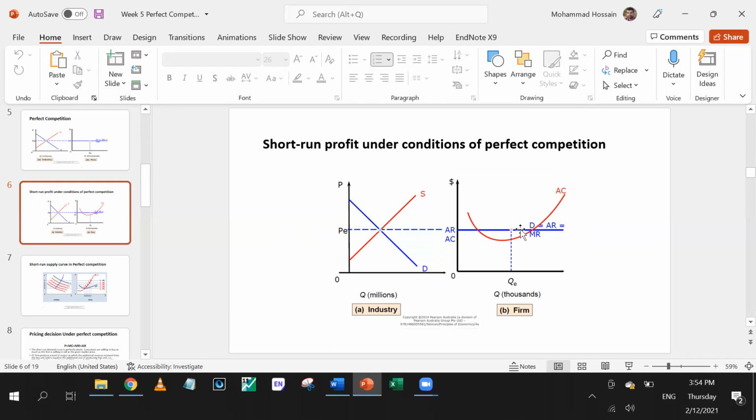All of them will be on one line. This line will show average revenue, marginal revenue, demand. Marginal cost also will be shown by the same. But you can see average cost is different. Average cost has nothing to do with this.